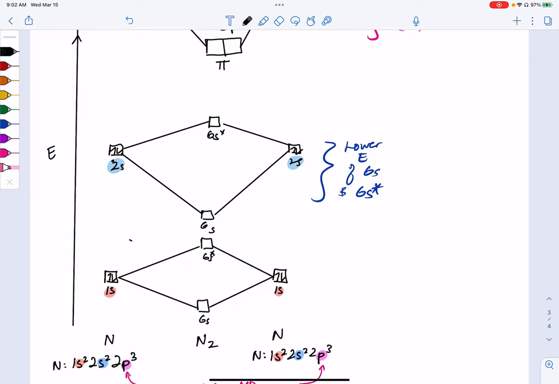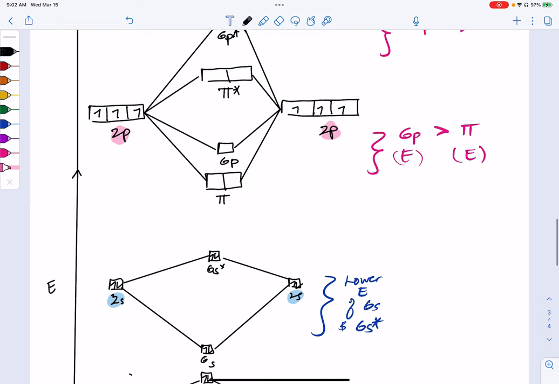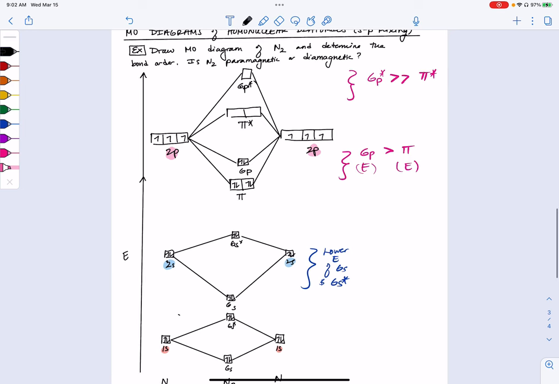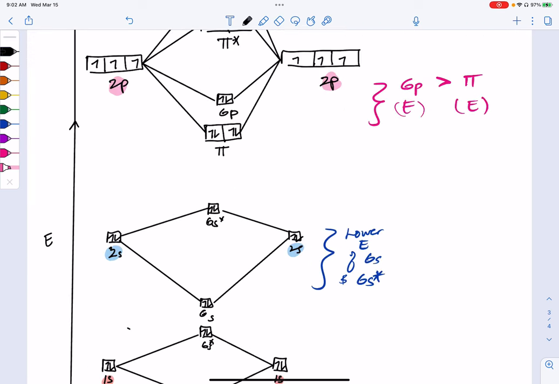So I've got 4 total electrons, 1, 2, 3, 4. Now for my 2s, 1, 2, 3, 4. And then I've got 1, 2, 3, 4, 5, 6 total electrons that I need to fill. So I'm going to fill 1, 2, 3, 4, 5, 6. And this is the MO diagram of nitrogen.